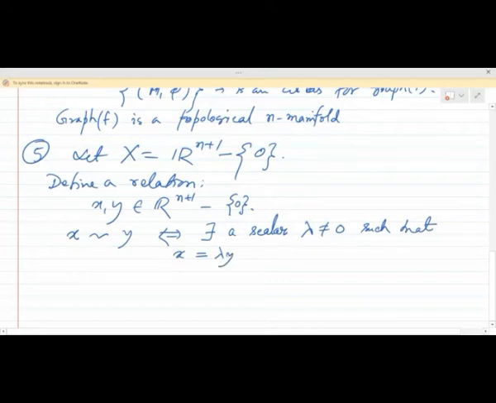So x is equivalent to y means x is a scalar multiple of y.